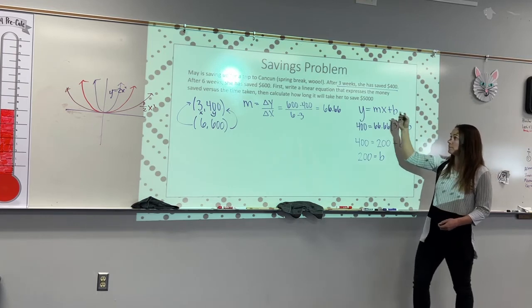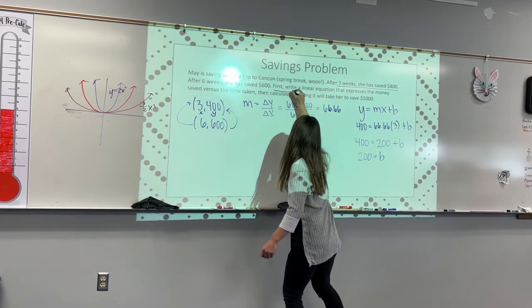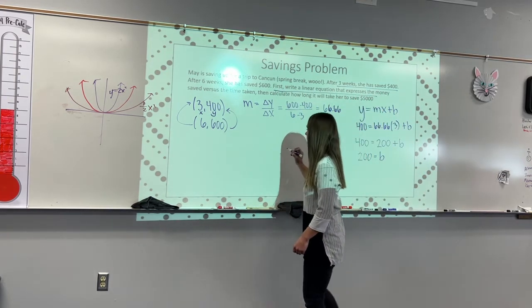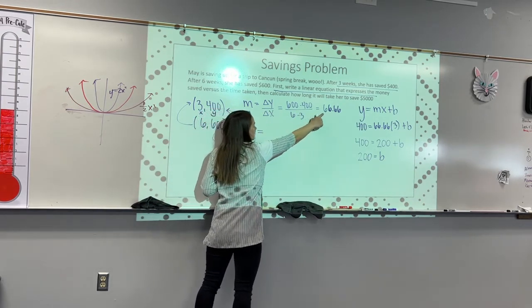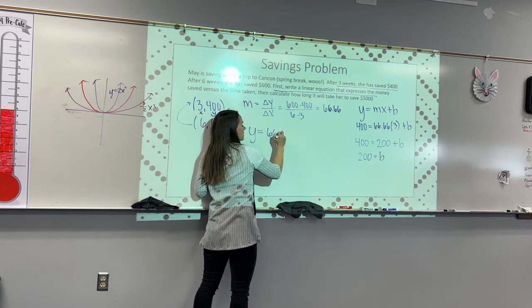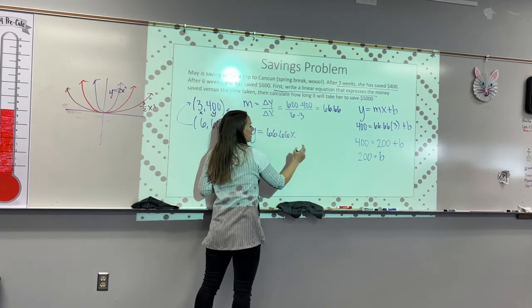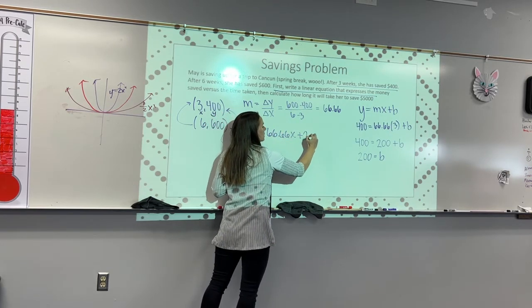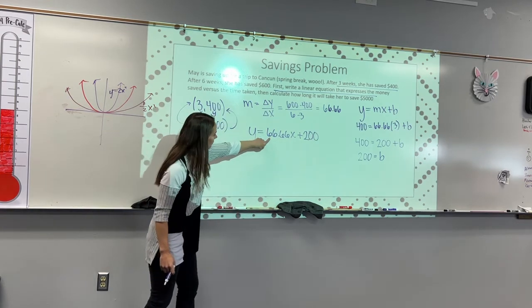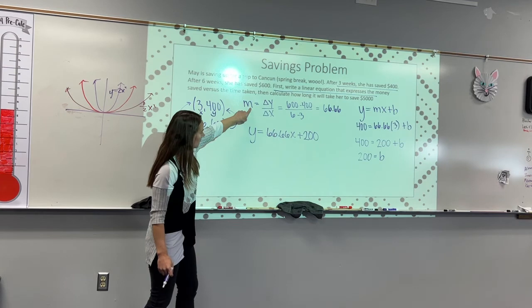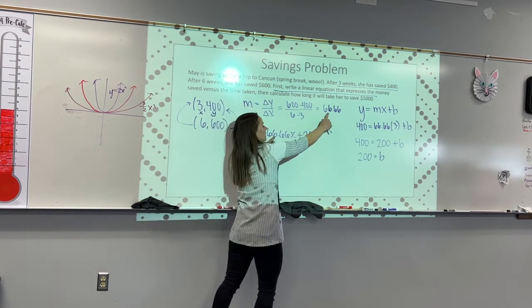So I have now created a linear equation, but I've gotta write it out completely. It's gonna be y equals my slope, which is 66.66, and then it's gonna be plus 200. So where'd I get the m from doing change in y over change in x? This was my slope, mx plus b.